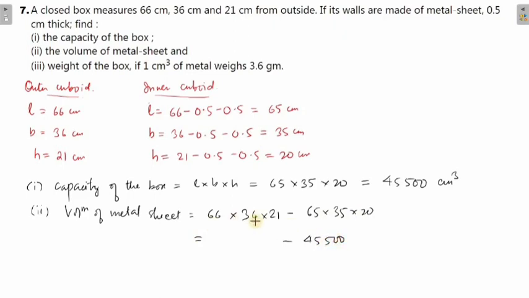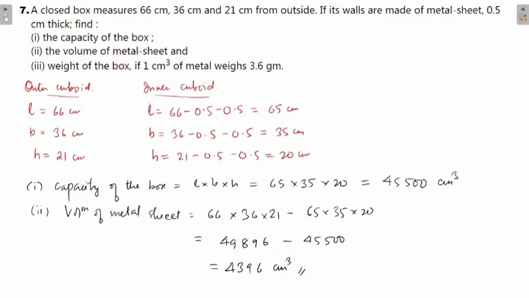Now let's multiply 66 into 36 into 21, which is 49,896. When you find the difference, you get 4,396 centimeter cube. This will be the volume of the metal sheet.